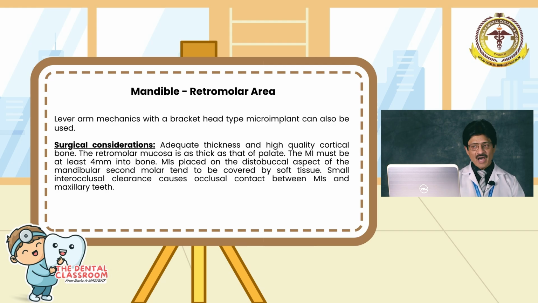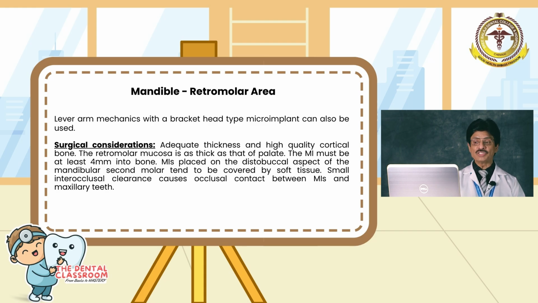Here lever arm mechanics with a bracket head type microimplant can also be used. But the surgical considerations are that adequate thickness and high quality of cortical bone need to be present. The retromolar mucosa is as thick as that of the palate. The microimplant must be at least 4 mm into the bone.